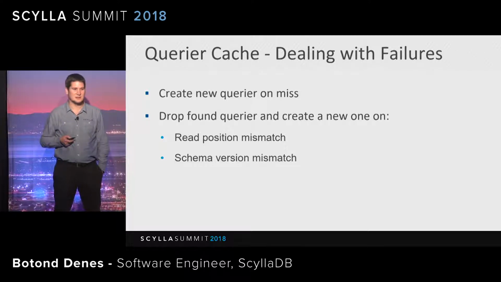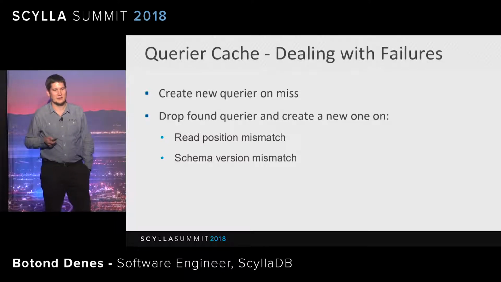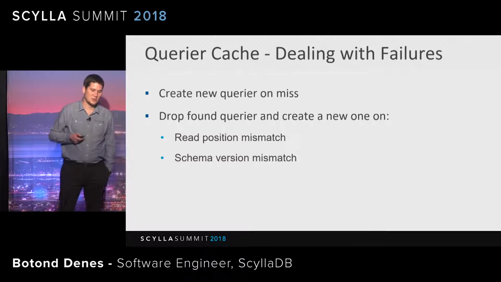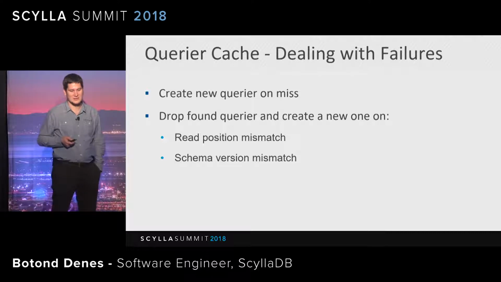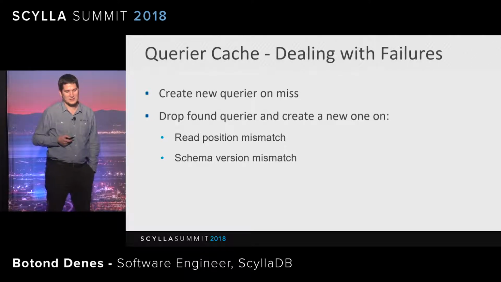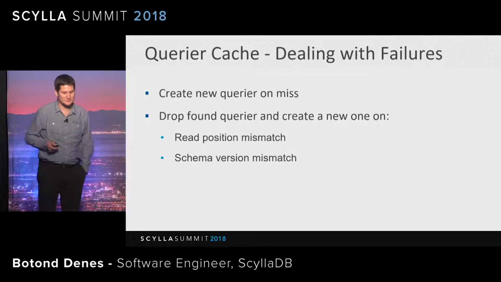In this case, it is possible for a page request to find a Querier that has a schema of an older version than the page request has. In this case, we decided not to come up with complicated code to deal with this problem, as it's quite a rare event, so we just drop it and create a new Querier.